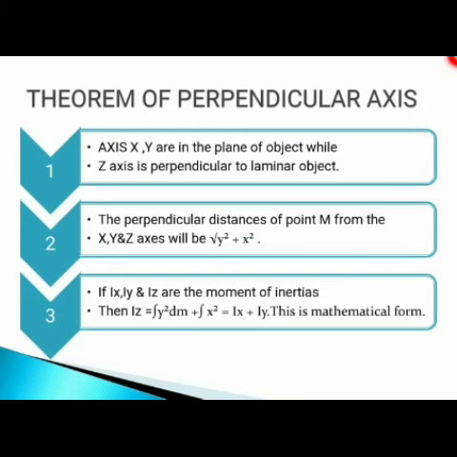If Ix, Iy and Iz are the moments of inertia, then Iz can be written as the integral of y square dm plus the integral of x square dm, which is equal to Ix plus Iy. This is the mathematical form of the theorem of perpendicular axis.